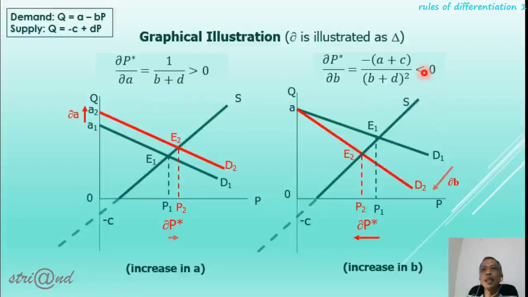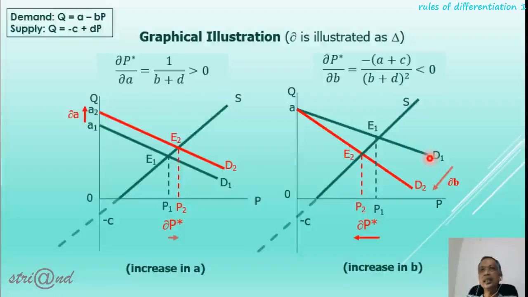Let's see now the derivative of P star with respect to B. This is the initial equilibrium at E1. And then, for example, if B increases, B in this demand function is the slope. So the slope increases. When the slope increases, while the A is held constant, there is no change in A, so the A stays here.